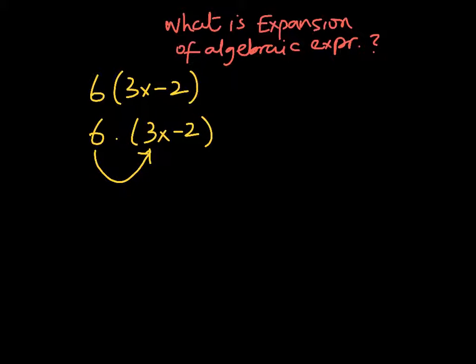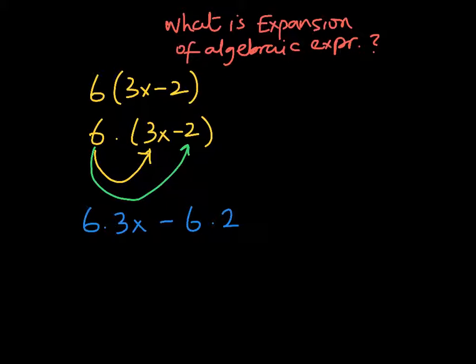At the same time, 6 will also go to the number negative 2. So that's two things you're going to do. Let's go ahead and do the first one. So it's going to be 6 times 3x. You don't want to forget the sign, minus 6 times 2. So that's what it translates to.